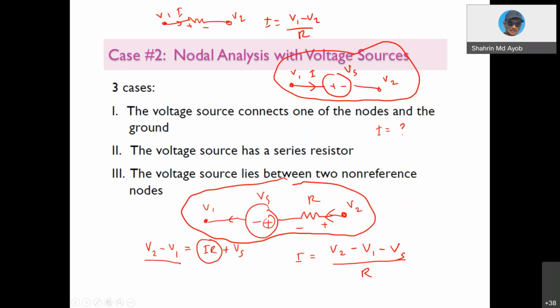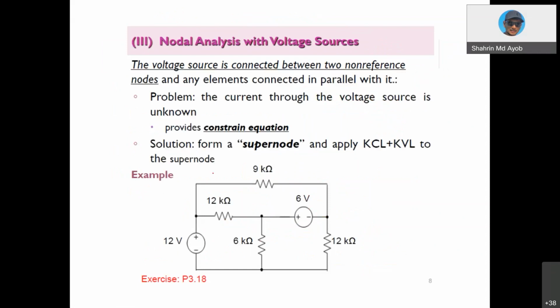For example, if you have a circuit like this, you have node V1, V2, V3, and this one is 0 voltage. So you have 3 nodes.